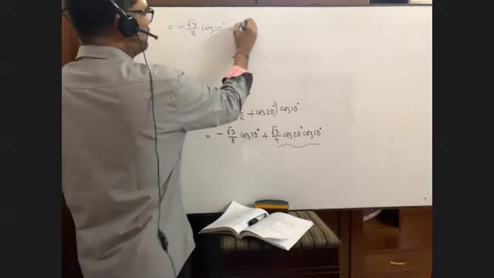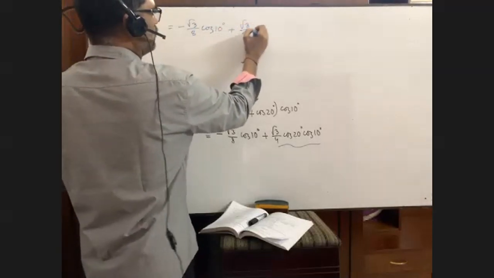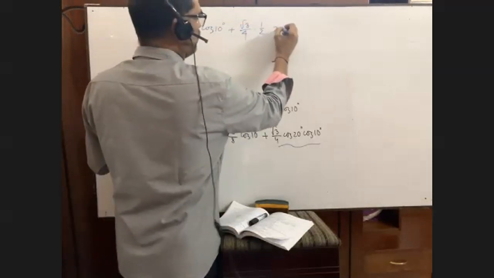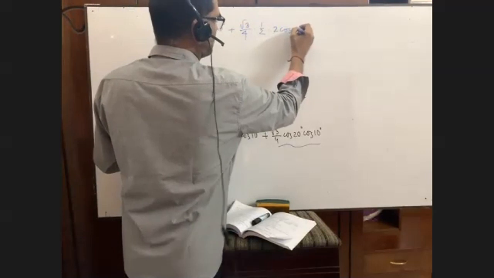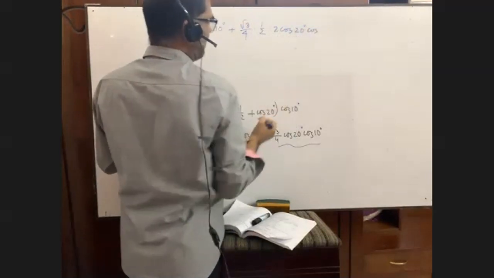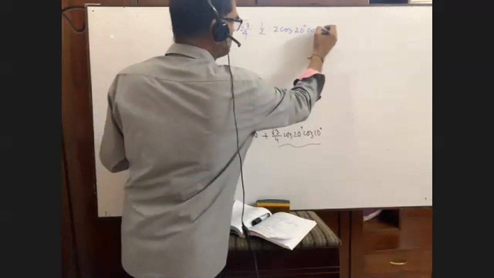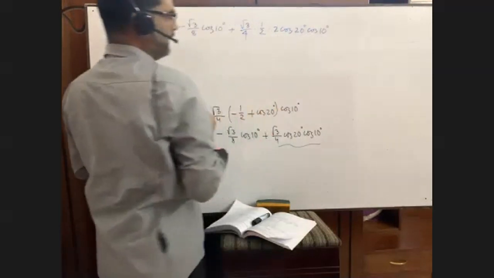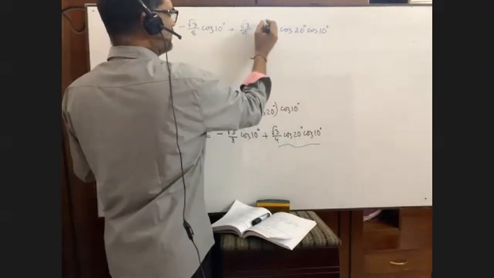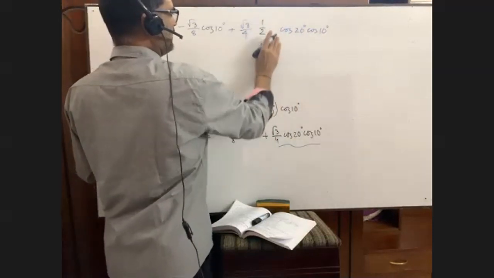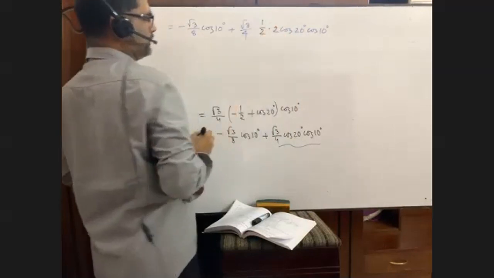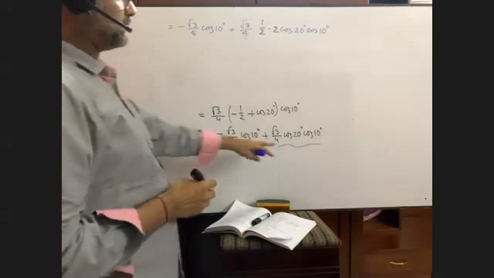What will we do? We'll write root 3 by 4 into half into 2. Always you have to do this. In this math chapter, every math depends on this. Take half and 2. I am writing here in this way so that you can easily get it. This half and 2 will be omitted, so we will get the same thing.